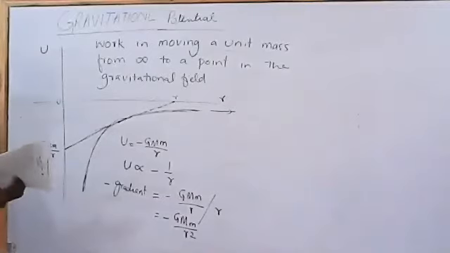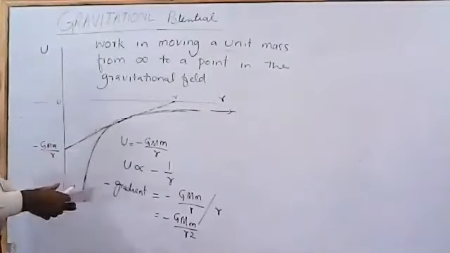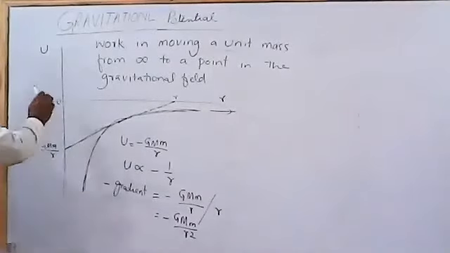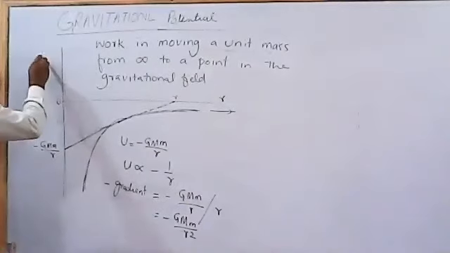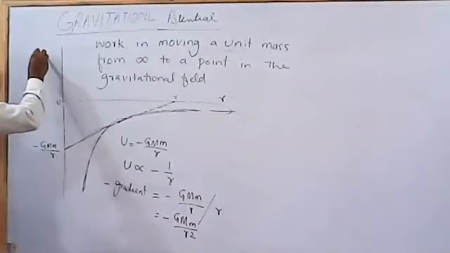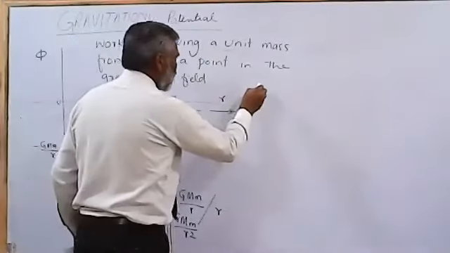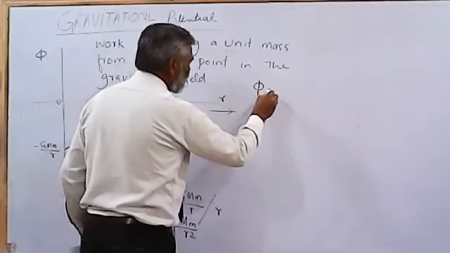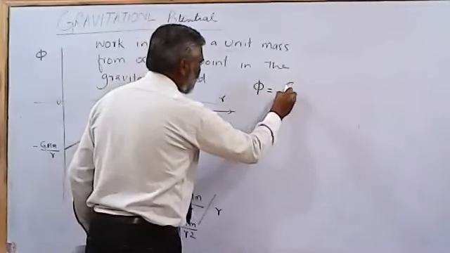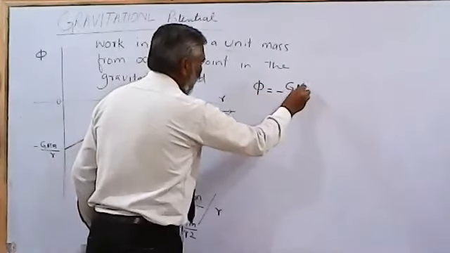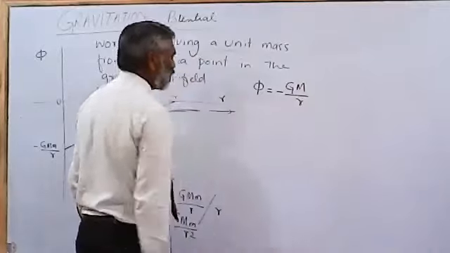So many things change as a result. One thing which changes is the symbol of the quantity. We denote this quantity as phi. So this is work done per unit mass. Phi is minus GM over r.